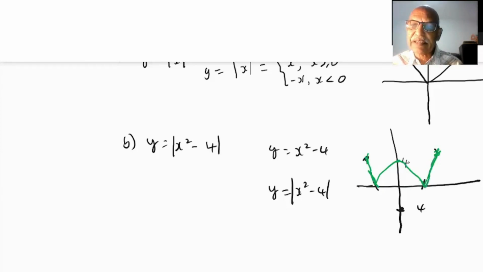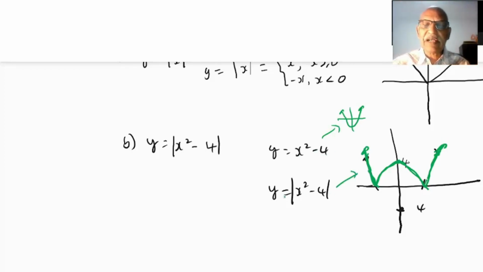There's a cusp here, it's not a straight line. So this is the graph of absolute value. Okay, so let's understand. We said the graph of this is only this. This is a graph of y equal to x squared minus 4. And this will be the graph of this.